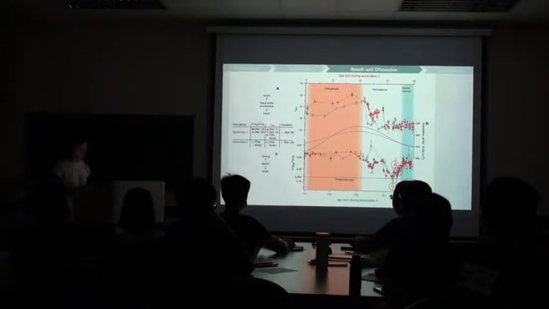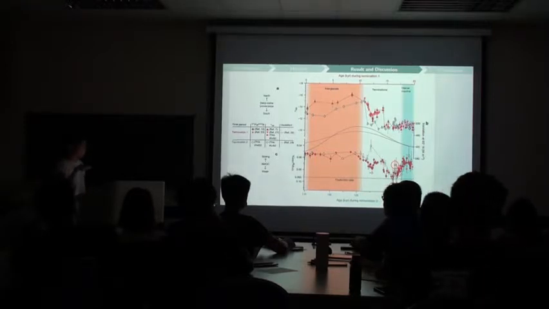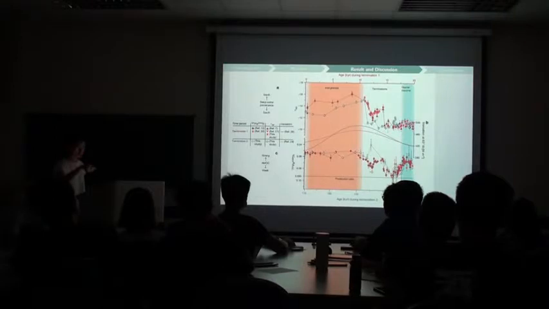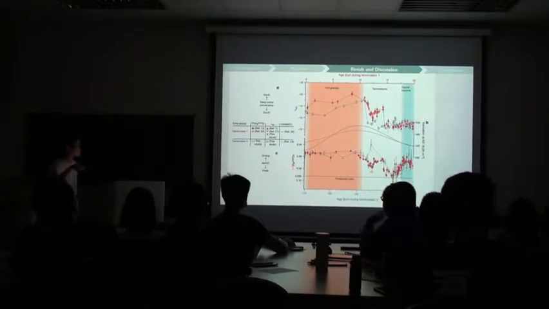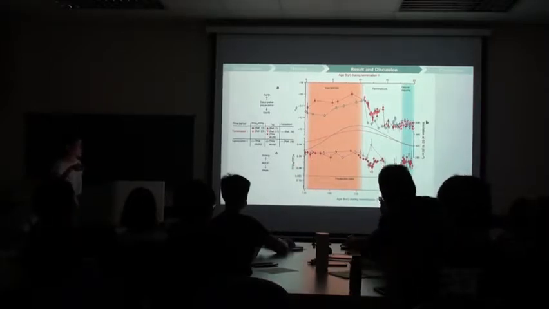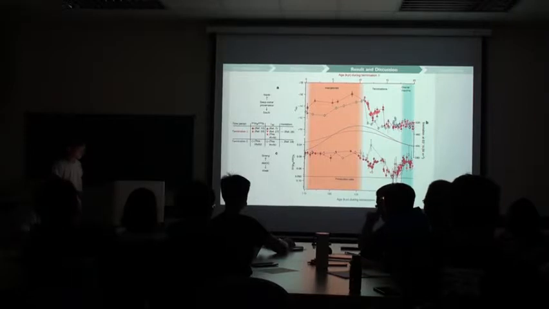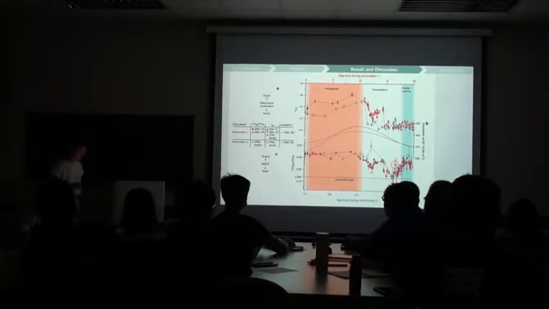Another one is that termination 2 also has the Heinrich event. The protactinium thorium value is close to the production ratio, so it indicates a very weakened NADW.